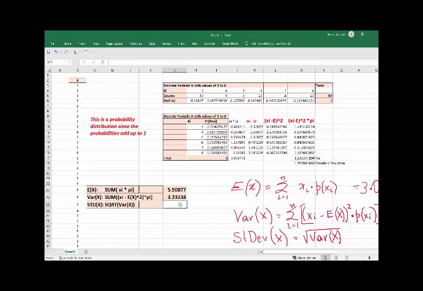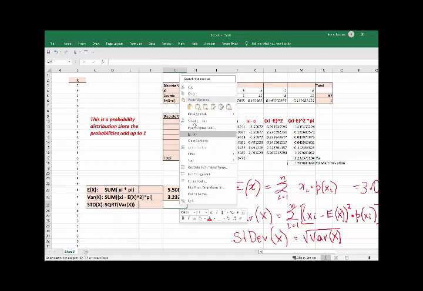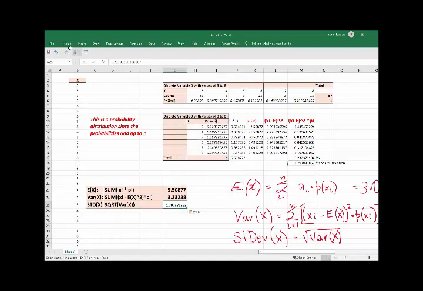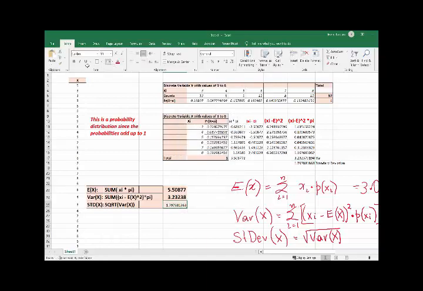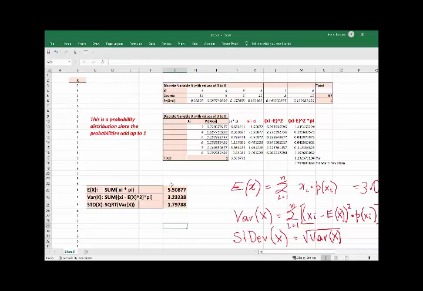Sorry, I copy that and I paste it with values. I beautify this right there, size 16. So I have all three values right here. If you want to fix your table as well, let's see if it works.